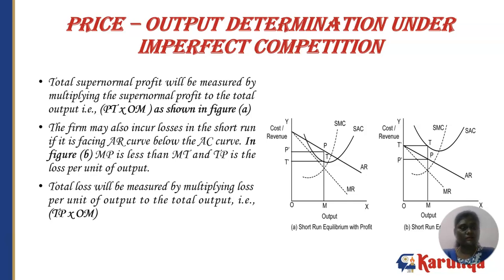As you can see here, your AR curve is very much below your AC curve, which means a loss is occurring here. So the total loss will be measured by multiplying the loss per unit of output by the total output, that is TP into OM, as seen in figure B.